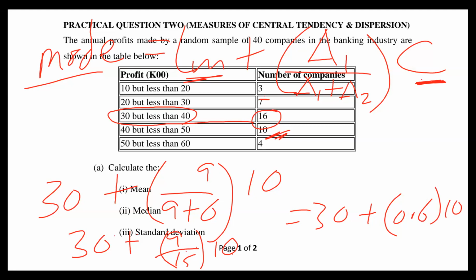It will give us 60 plus 30. That will give us 90 as the mode. I'm hoping that you have calculated well.